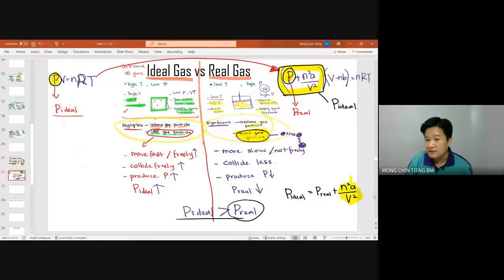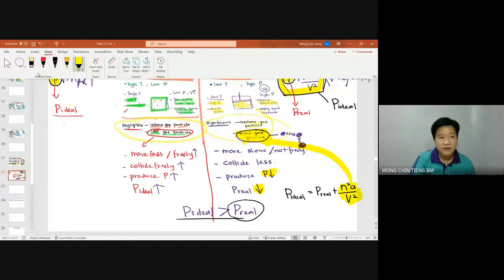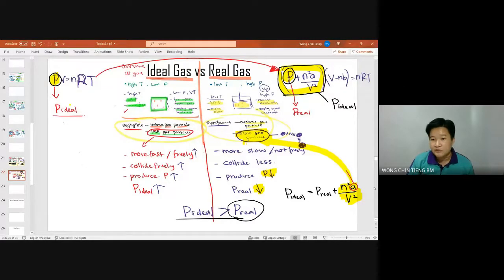This correction is about intermolecular force of attraction. Siapa yang menyebabkan collision berkurang? Siapa yang menyebabkan tekanan berkurang? Intermolecular force of attraction. Sebab ada orang tarik dia. Okay? So, alright. So, the a over here is your intermolecular force of attraction constant.